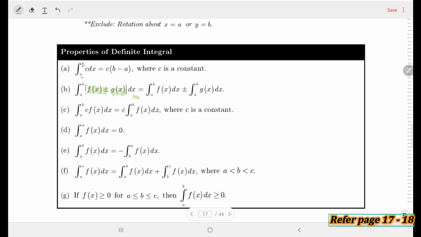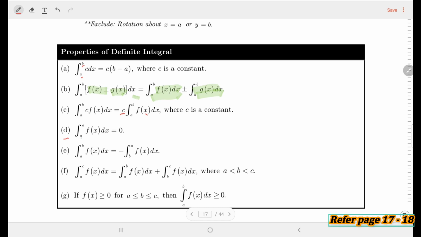We do the algebraic operations, either addition or subtraction, so we just separate them into the integral of f(x) plus or minus the integral of g(x). For C, the same thing: we take out the constant c and leave the function to be integrated.